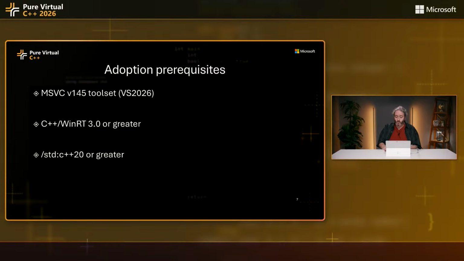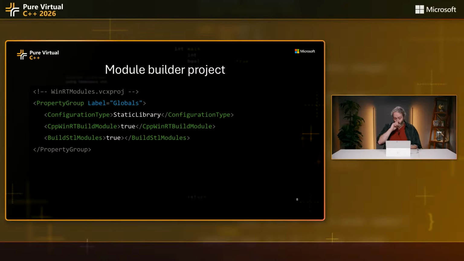So what do I do with Terminal? Well, first thing we do, like we said, I made a module builder project. Here's a little snippet of what the VCX project looked like. First of all, you'll notice it's a static library. We don't need to generate a new executable or DLL or anything else like that in order for these modules. It's just a simple static library.